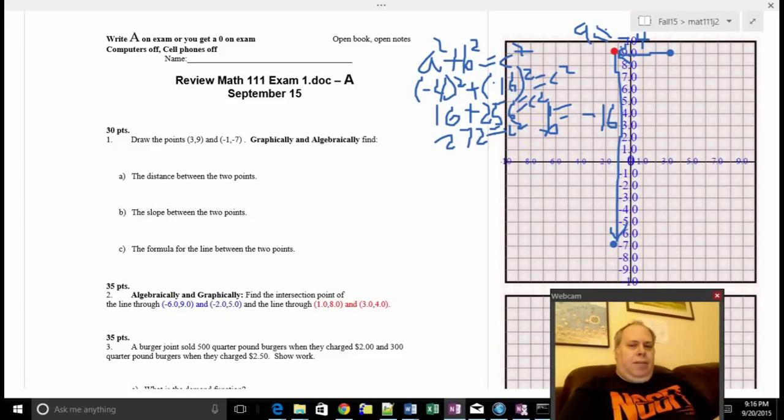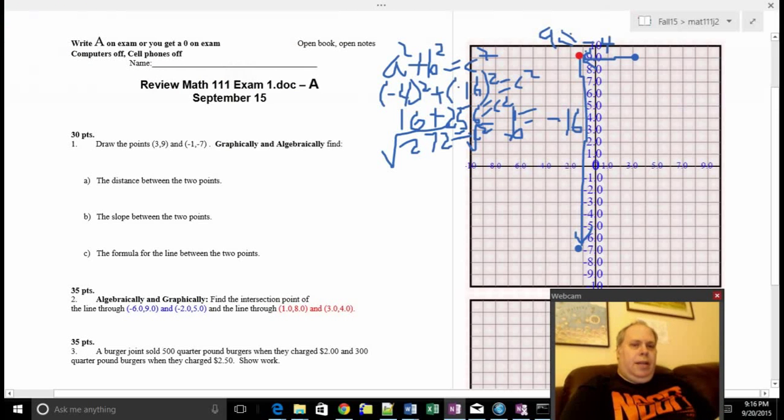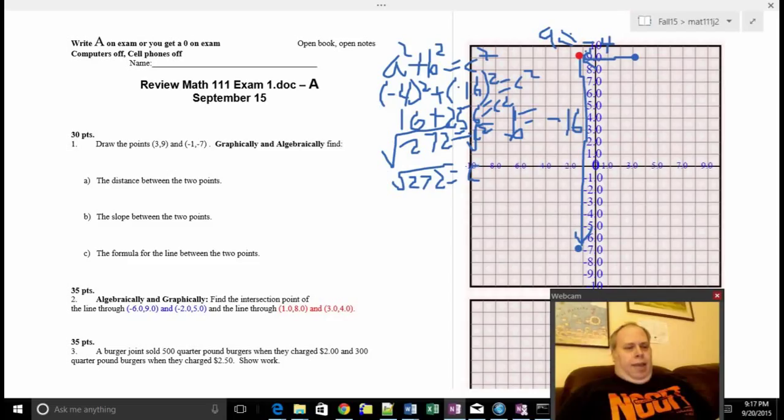And so we square root both sides, and that's our answer. The square root of 272 is equal to C. And that's okay.